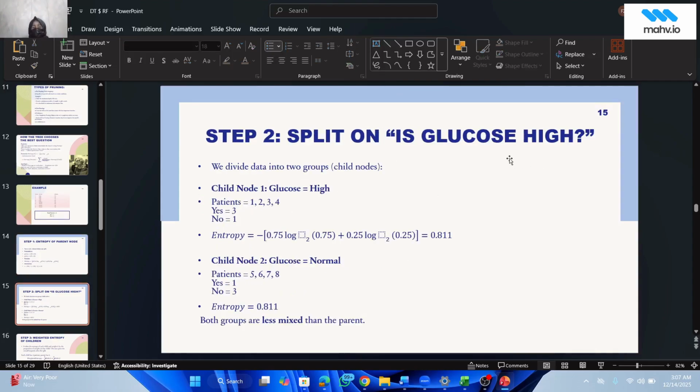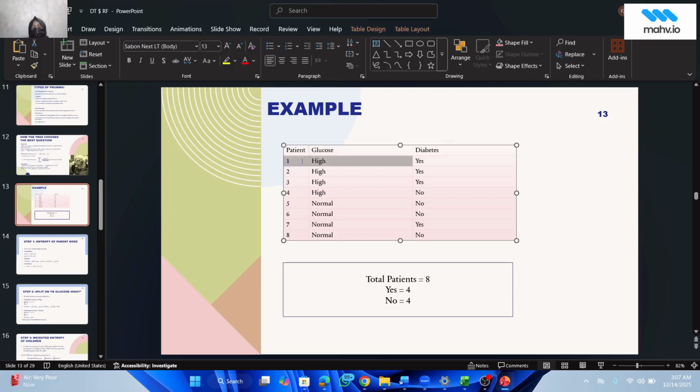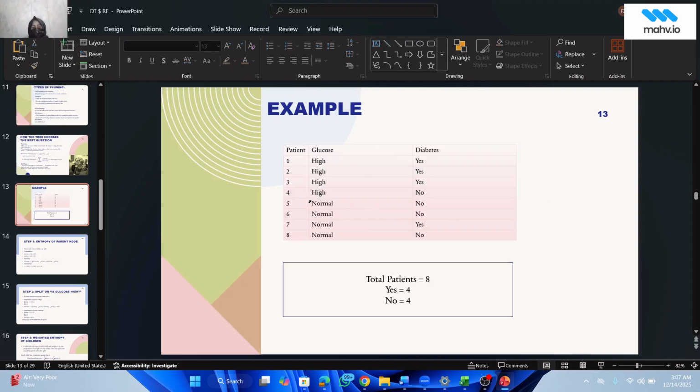After that we split our data, which gives the child nodes. On the basis of glucose high and glucose normal we split the data. If you see here, for glucose high, these are the 4 rows in which 3 are yes and 1 is no. So we split one portion here and one portion below it, normal and high.